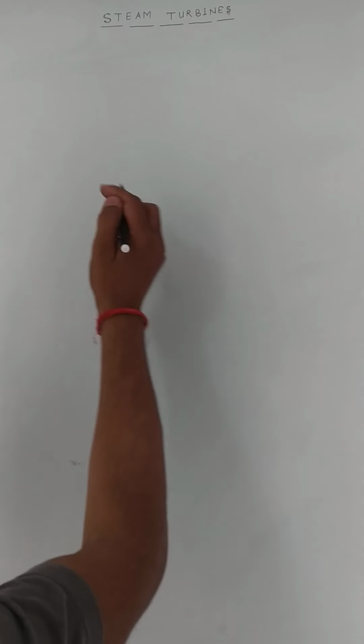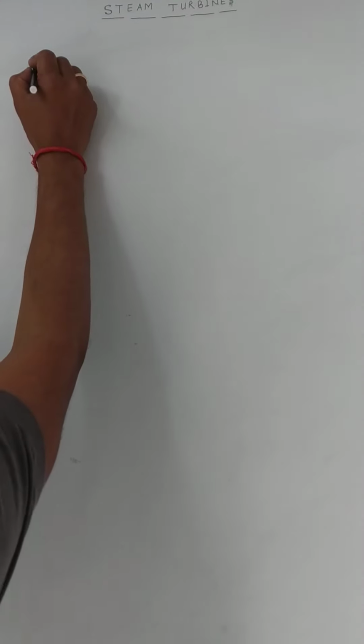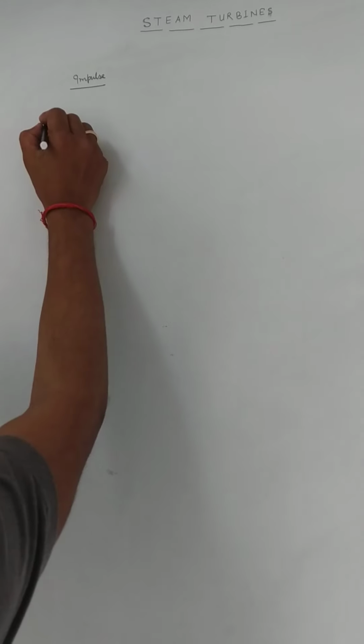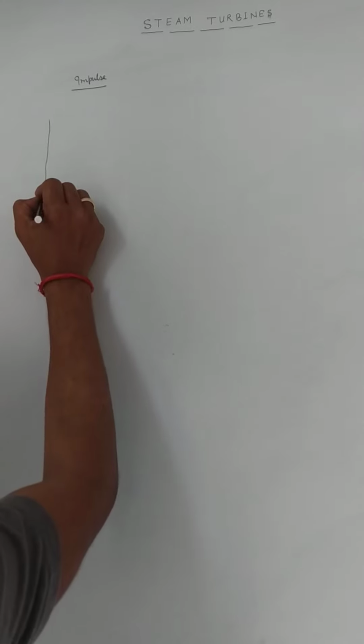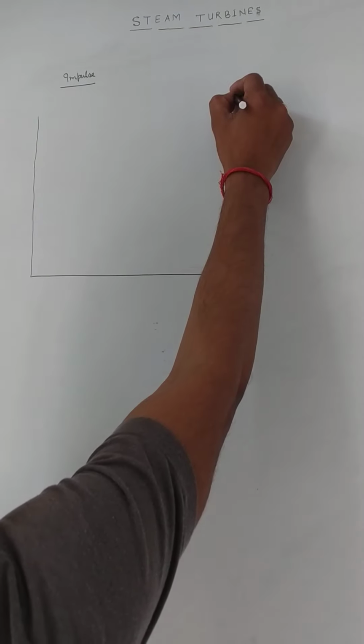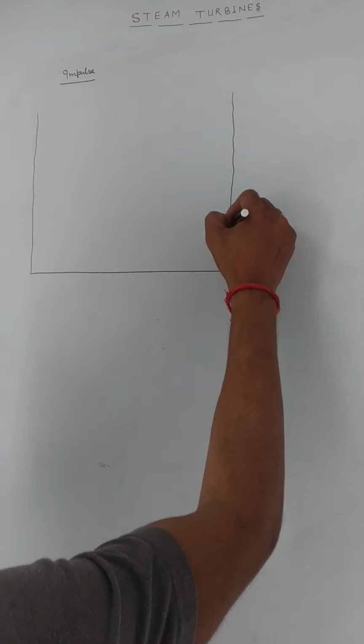As we are talking about the differences, in case of the impulse turbine you can see the pressure drop in the nozzle section.